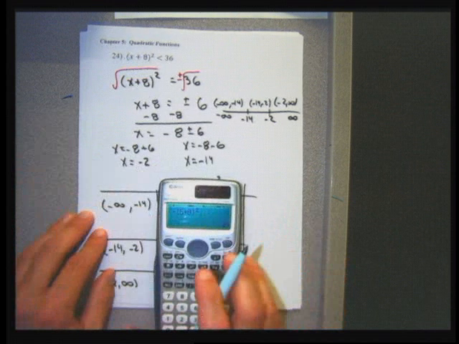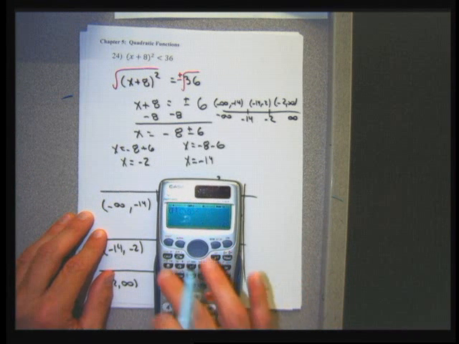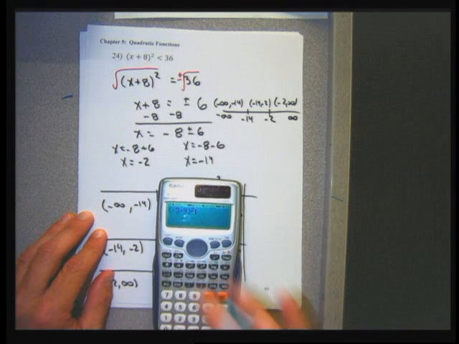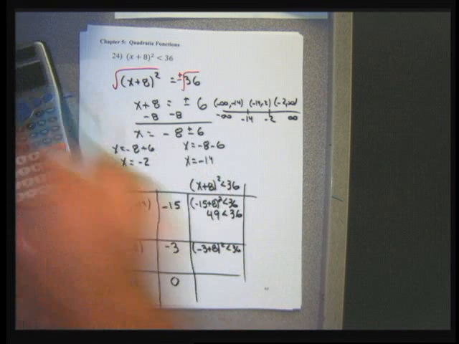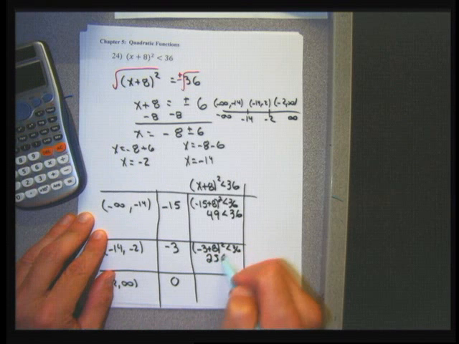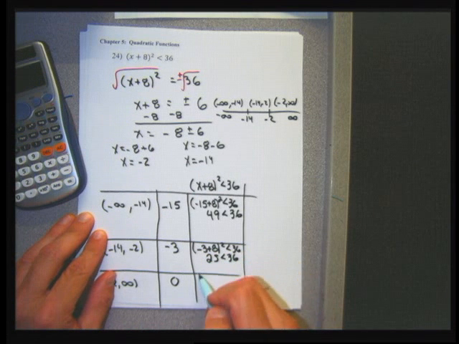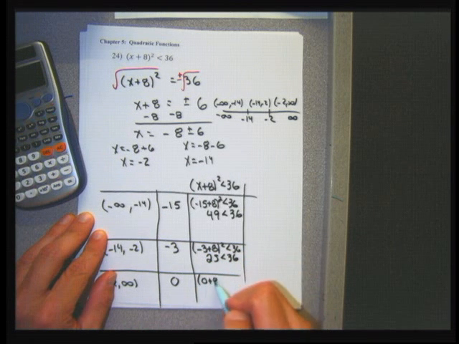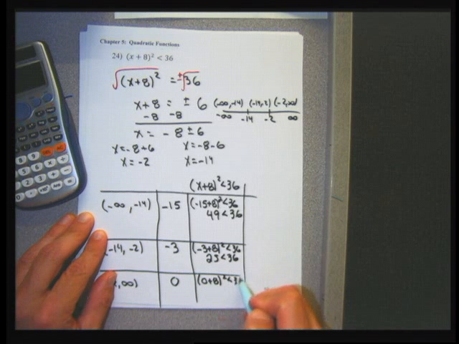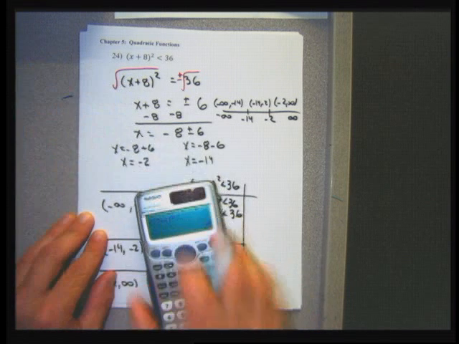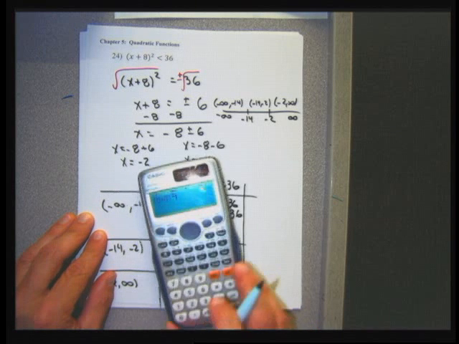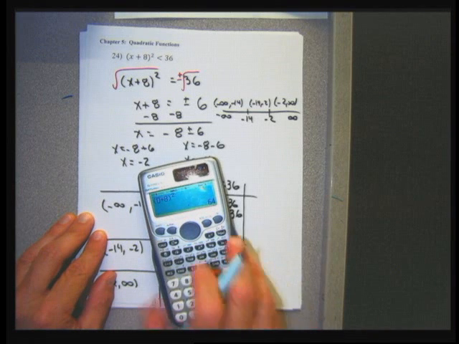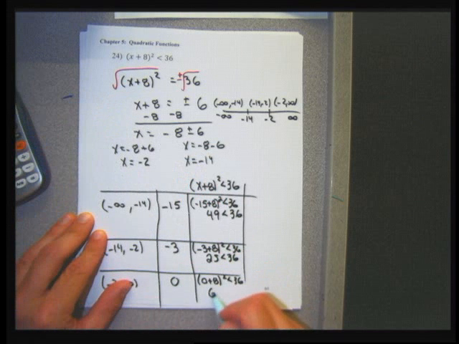I don't know if it's really cheating, but it's maybe being clever. Negative 3 plus 8 squared is 25. You can see that. And that gives me 25 is less than 36. And the last one gives me 0 plus 8 squared is less than 36. Do that. 0 plus 8 squared. And I get 64 is less than 36.